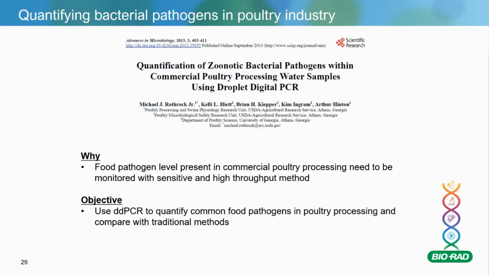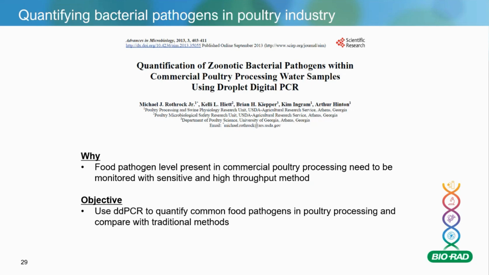Now, if we turn to quite a different sort of industry, we're looking at bacterial pathogens in the poultry industry. So the traditional method used in this industry is the culture method, and it's obviously quite time consuming. It's ineffective at selectively detecting, and so they wanted to see if qPCR could compare. So they used it to compare to ddPCR as well as culturing methods.